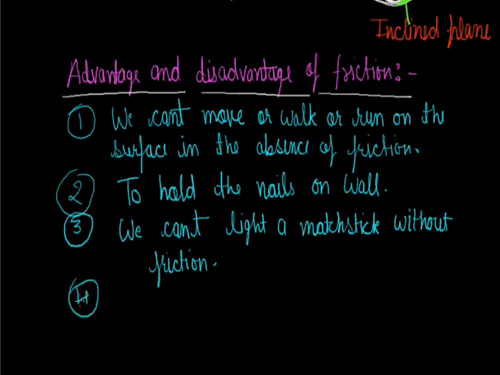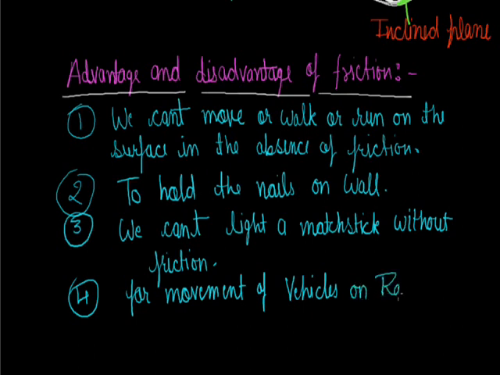Now, fourth point is cars and buses are able to run on roads because of friction between the tires and the road. So it is necessary for movement of vehicles on road.